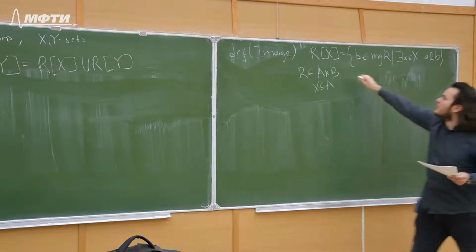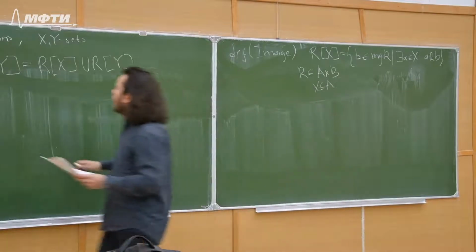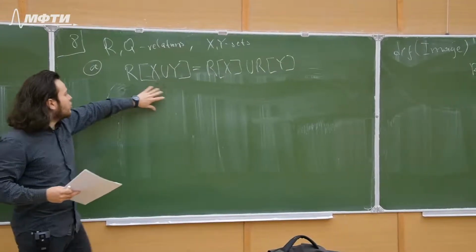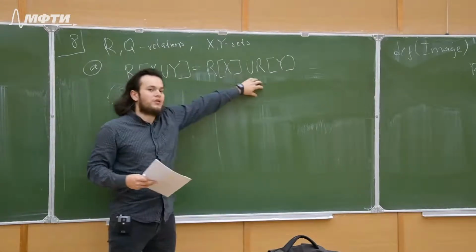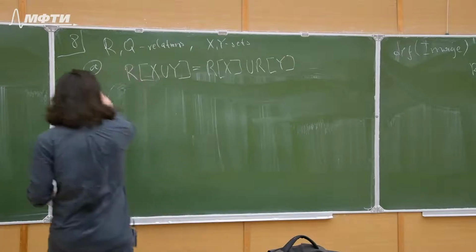Okay, so this is the definition of the image of X. And we have to prove here that if we have the union of sets, then the image is going to be the union of the image of each of these sets. Okay, and so let's prove it.